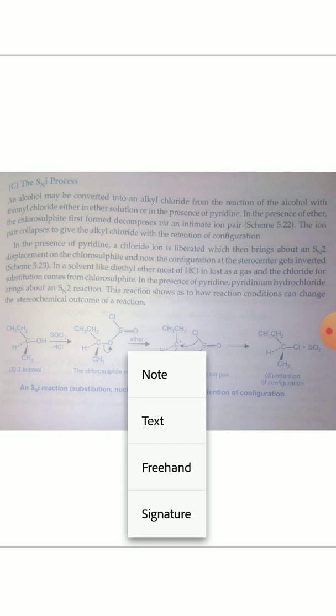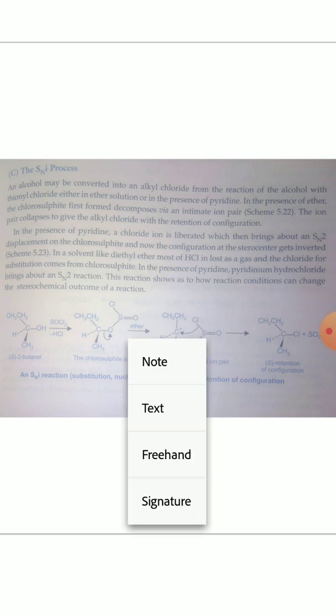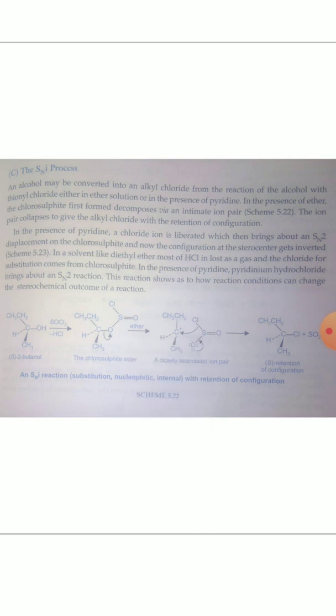In a solvent like diethyl ether, most of the HCl is lost as gas and the chloride for the substitution comes from the chlorosulfite. In the case of pyridine, pyridinium hydrochloride brings about an SN2 reaction.